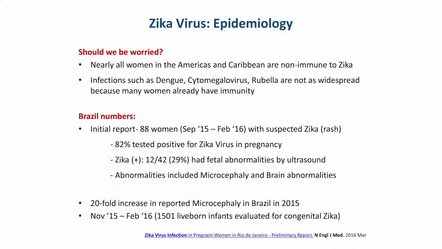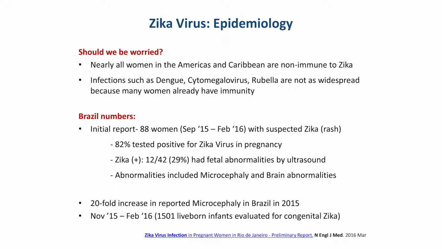So what happened in Brazil, like I said, is recent. From September 2015 to February 2016, there was an initial report of 88 women with suspected Zika virus infection. Among them, 82% tested positive for the Zika virus, either in their blood or in the urine. Among women that had ultrasound, 29% had abnormalities for the baby.